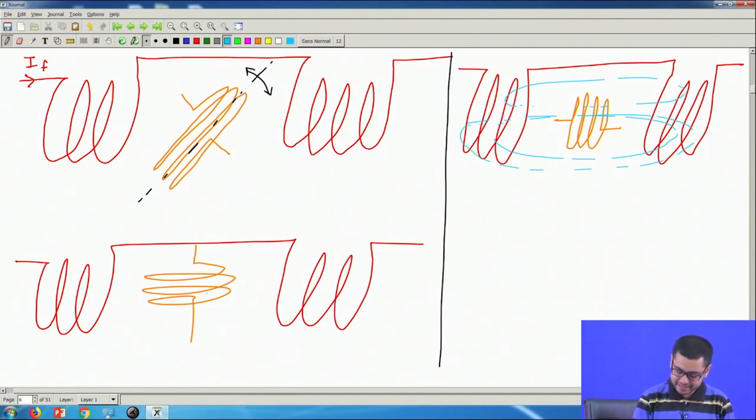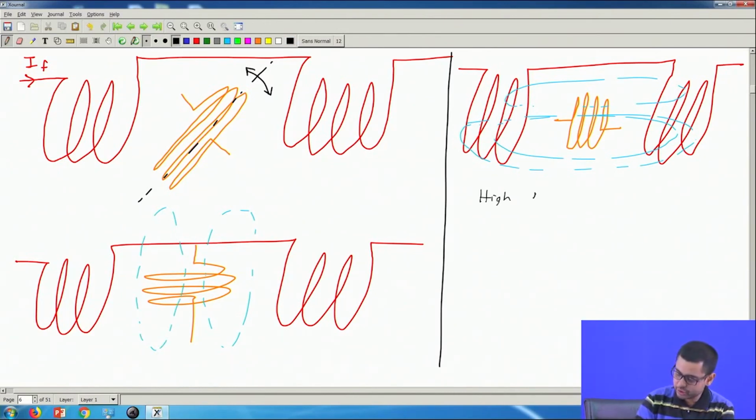Whereas, in this case, flux lines cannot link them that well, because the two coils are perpendicular to each other. So, here we will have high magnitude of M, here we will have a low magnitude of M.